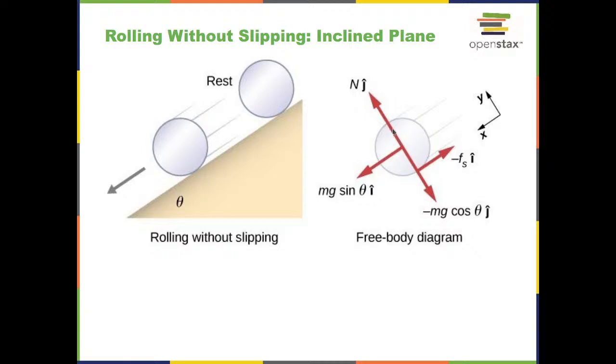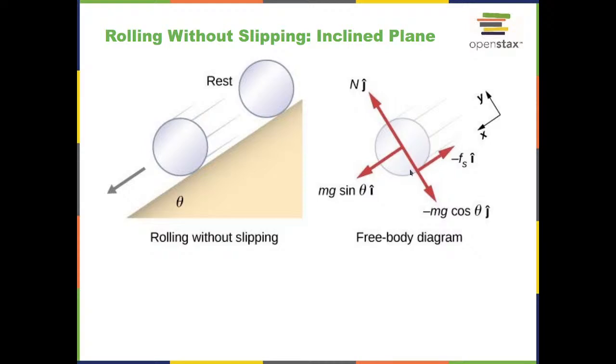Now we have the normal force, and the normal force is pointing right through the center, so that's going to be a 0 torque. mg times sine theta applies at the center of mass and is therefore also going to have a 0 torque. Minus mg cosine theta applies at the center of mass and is also going to have a 0 torque. The only non-zero torque is this friction.